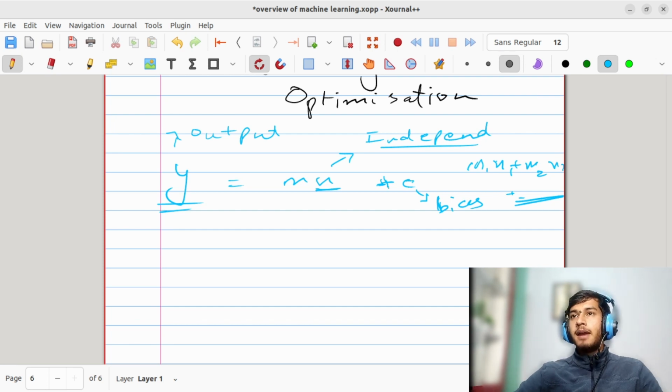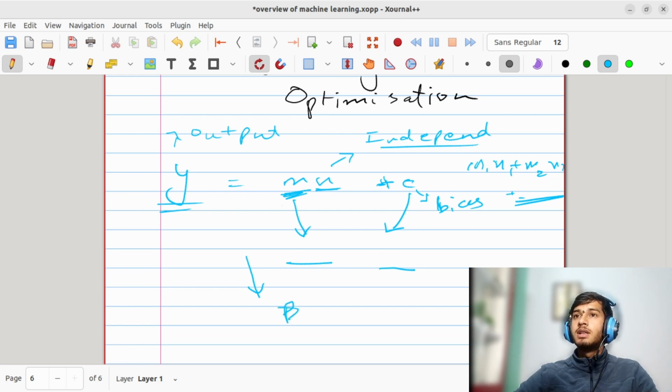In our model, our machine learning model's job is to find the value of this m and this c. Once you have found the values of m and c, you are good to go. Now you can actually predict the final output.